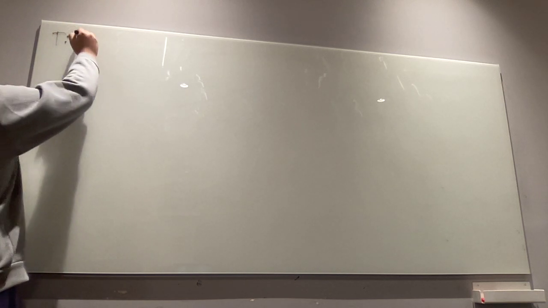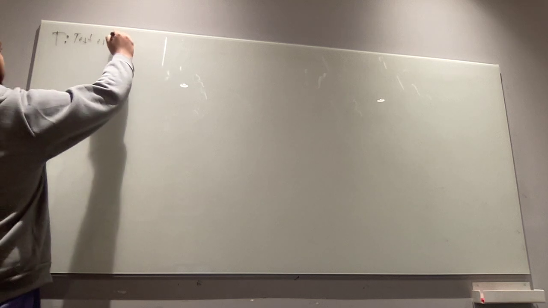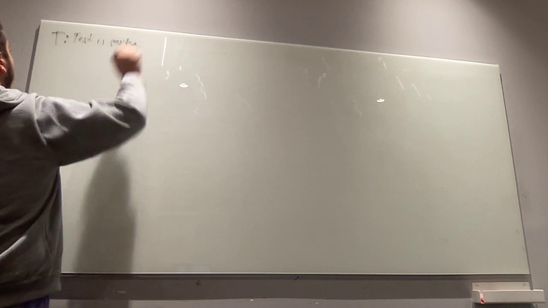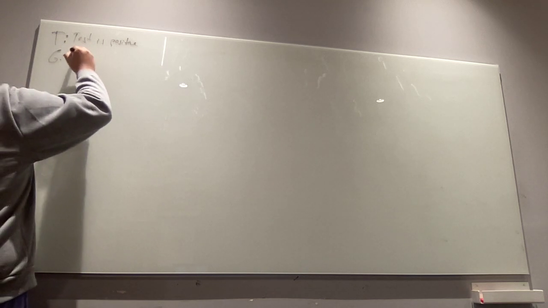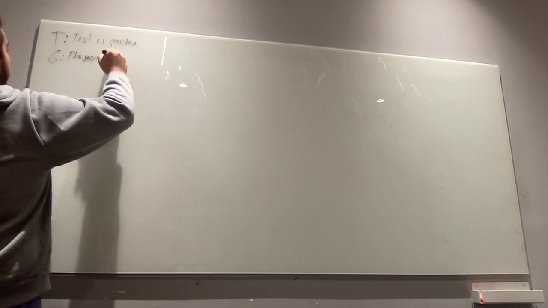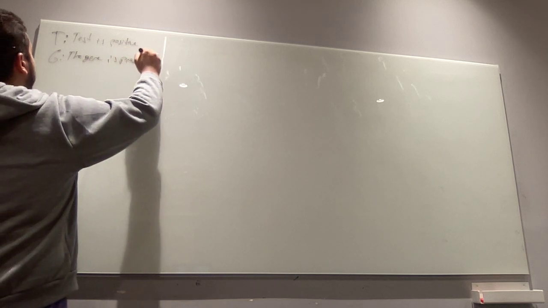Describe the events again. I will call T that the test is positive, and G that the gene is present. Those are two events. Describing the events always makes the question much easier.